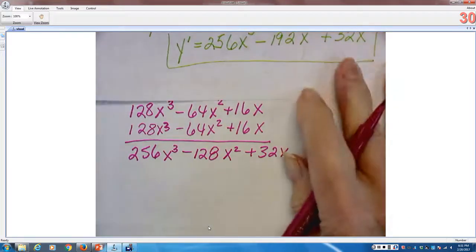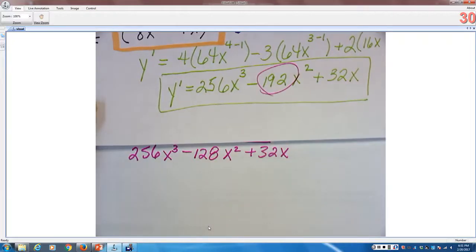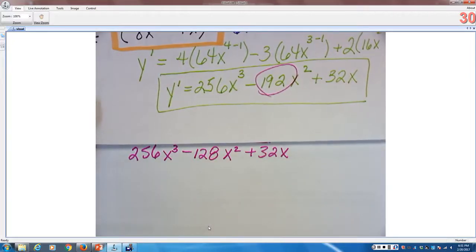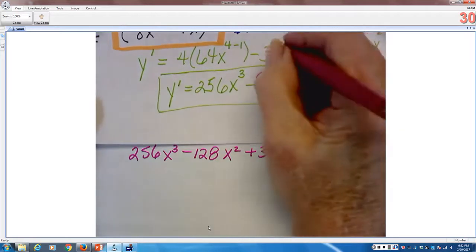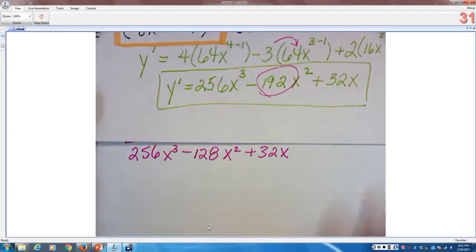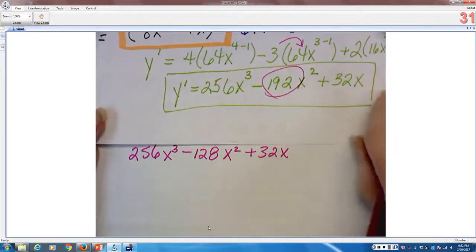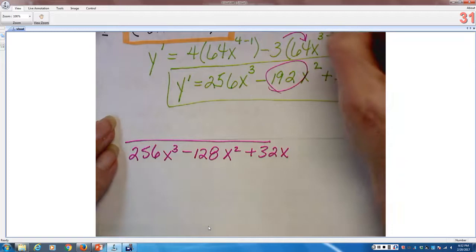So when I come back and look up here, I think, what did I do? So 3 times 4 is 12, carry the 1, no. Is it the 64, where we get negative 64x to the third, to the x to the fourth, to get the 3 times the 64?